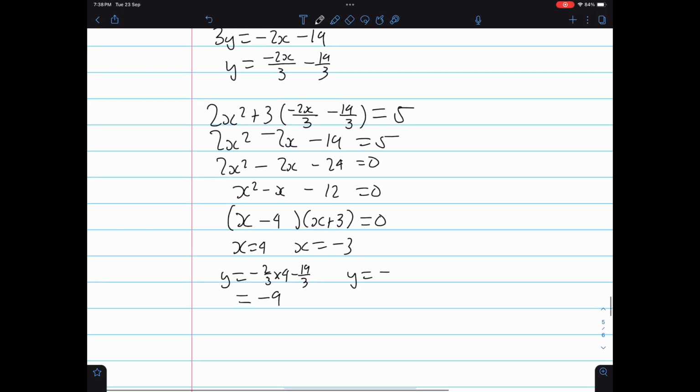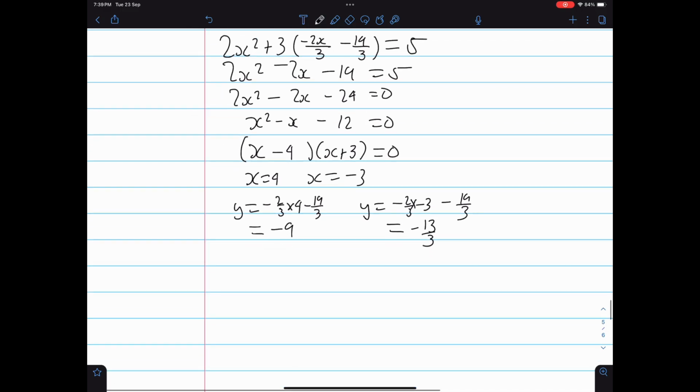Then if we do the same for x equal to negative 3, we'll end up with negative 4 and 1/3, which is negative 13 over 3. So we've got (4, negative 9) and (negative 3, negative 13 over 3).